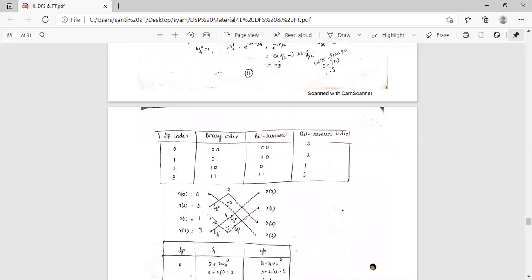Here also it is 1 plus 1 into 3, that is 4. And 1 minus 1 into 3, that is minus 2, right?